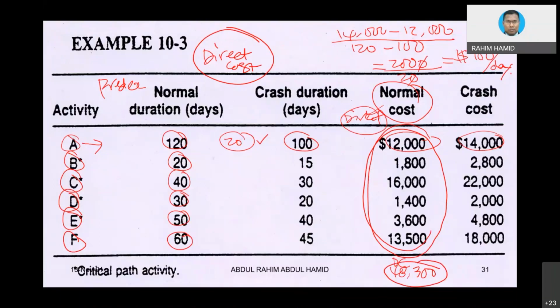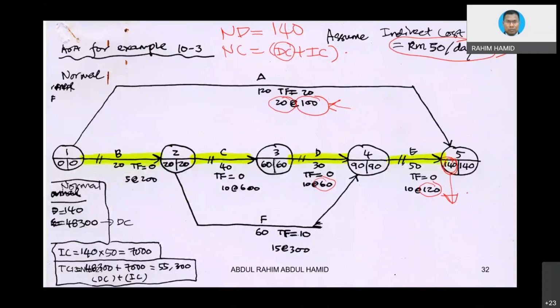How about indirect costs? We already have 48,300 plus indirect cost. The indirect cost is 50 ringgit per day. If our project runs for 140 days, the indirect cost will be 50 times 140, which is equivalent to 7,000. I already show the calculation here.